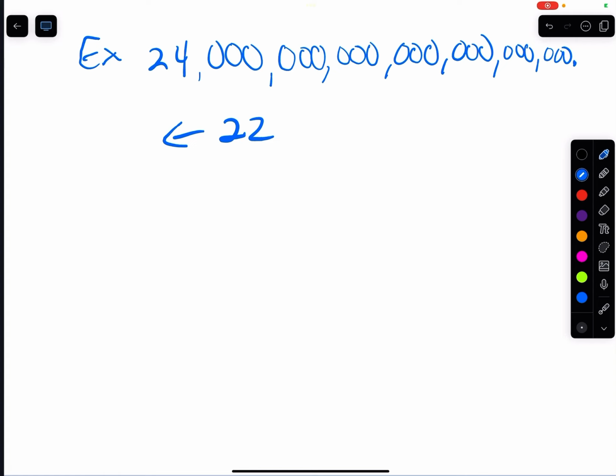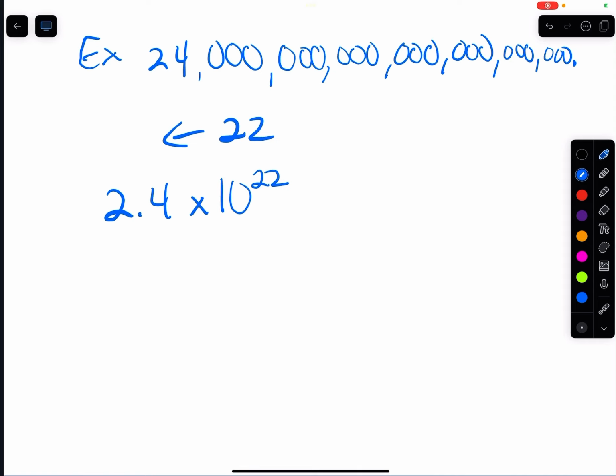That means that if we move the decimal 22 places to the left, we get 2.4 times 10 to the 22 power, implying that the 22 spaces we moved were 10 to the 22 power.